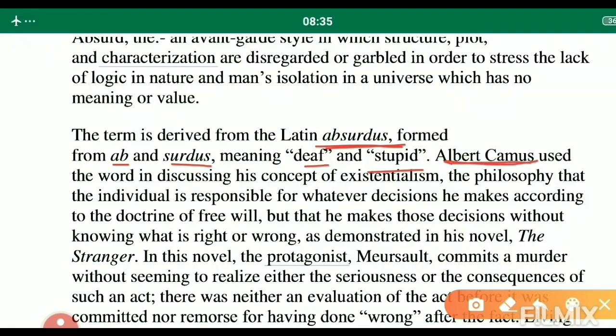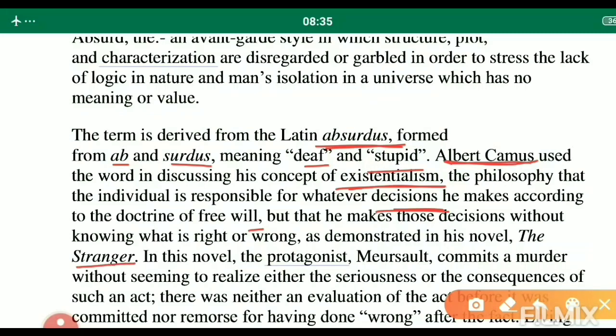Albert Camus used the word in discussing his concept of existentialism, the philosophy that the individual is responsible for whatever decisions he makes according to the doctrine of free will, but that he makes those decisions without knowing what is right or wrong, as demonstrated in his novel The Stranger.